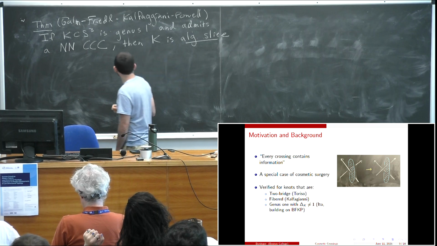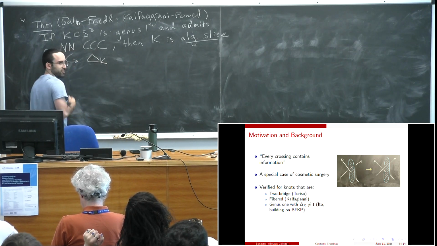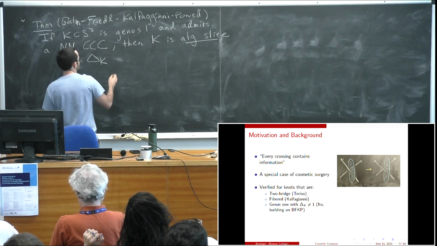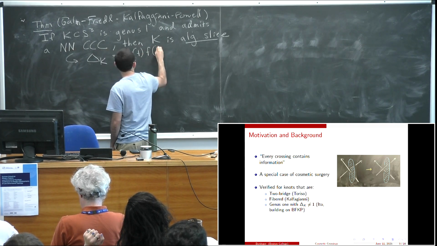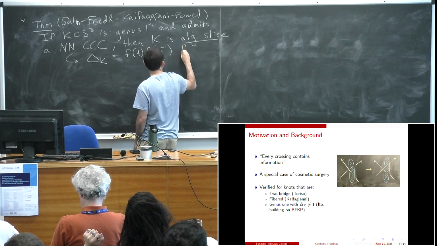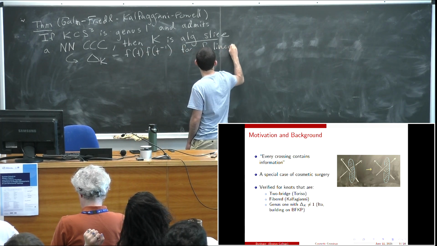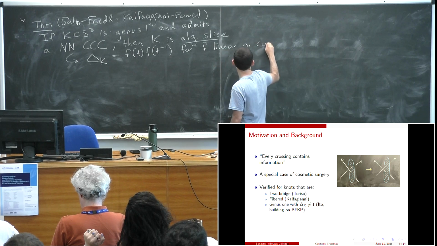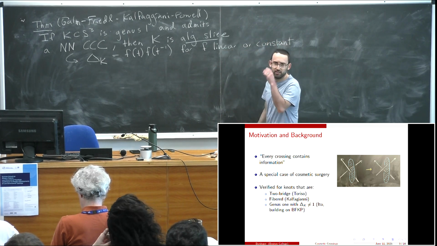So I won't say exactly what that means, but in particular, we can say that the Alexander polynomial of K satisfies a Fox-Milnor condition, right? So it looks like f(t)f(t^-1), where f is either linear or constant, since it's a genus 1 knot.